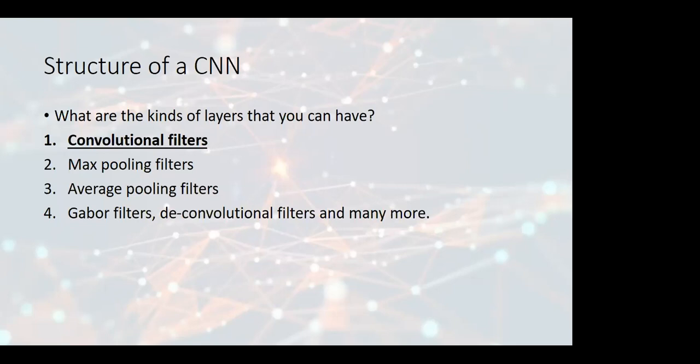The word filters might not make much sense, but I promise they'll make a lot of sense once we go into the next slides. We also have a bunch of other filters like Gabor filters and deconvolutional filters and many more, which we will not be getting into. But I just want you to be aware that there are alternatives to convolutions, max pooling and average pooling.